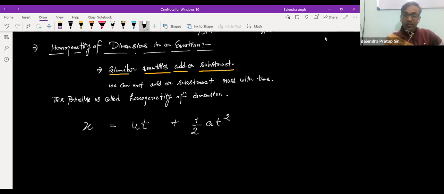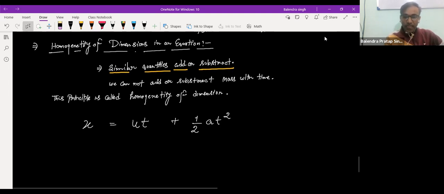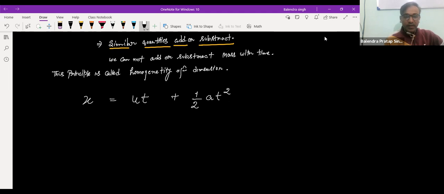Here x is displacement. So what is the unit for displacement? It's a meter. And the dimensional representation is capital L.